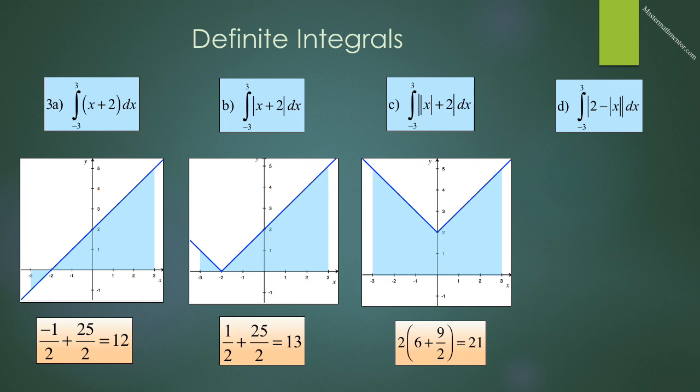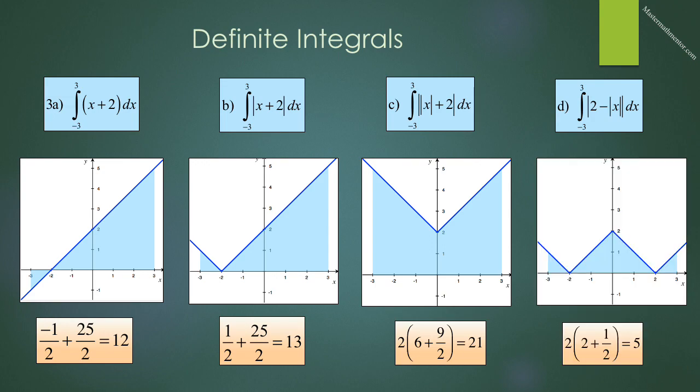You can think of that as a trapezoid, or you could think of it as a right triangle sitting on top of a rectangle. If we think of it like that, the rectangle has area of 3 by 2, which is 6, and the right triangle has base 3 and height 3, so its area is 9 halves. So 2 times the quantity 6 plus 9 halves is 21.